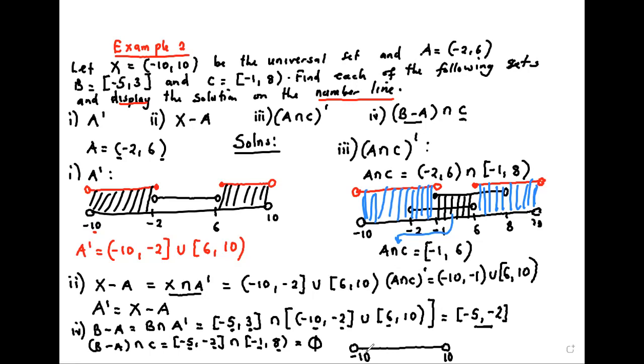So when it's empty, what do you draw on the number line? You just draw the universal set around. And then when it's a universal, you draw another one on top. So you double the universal.